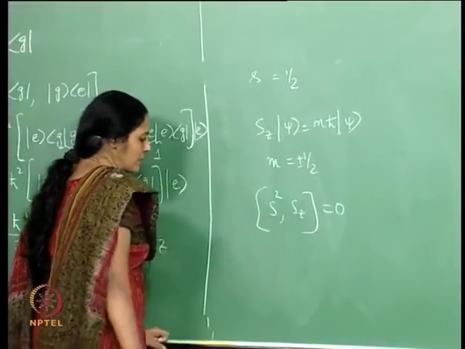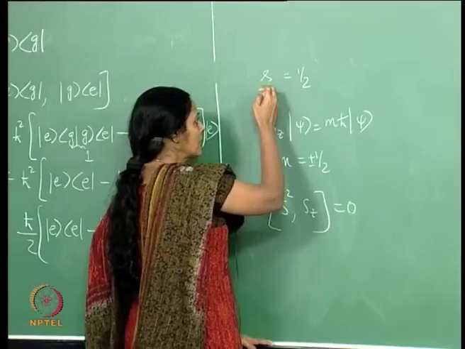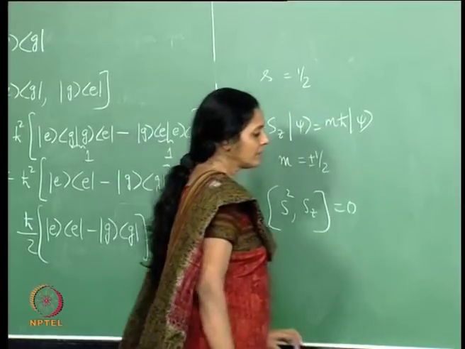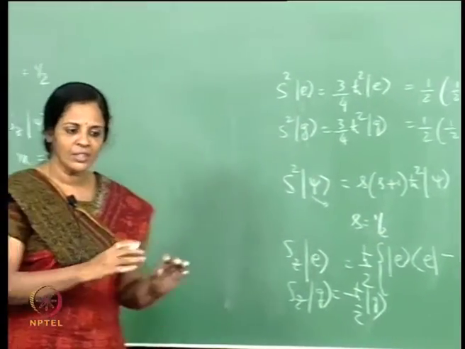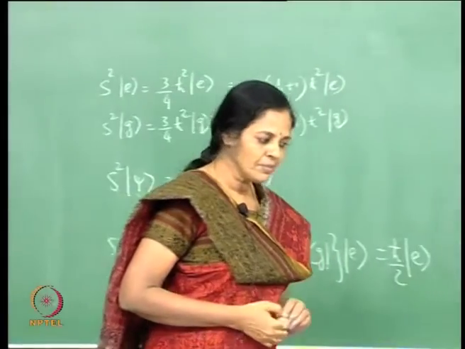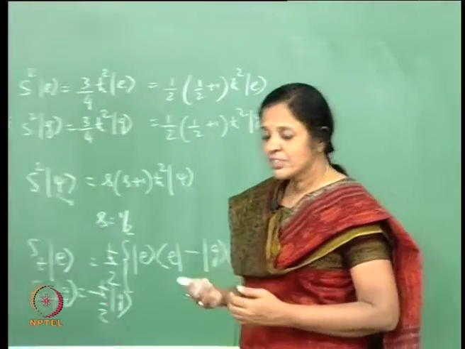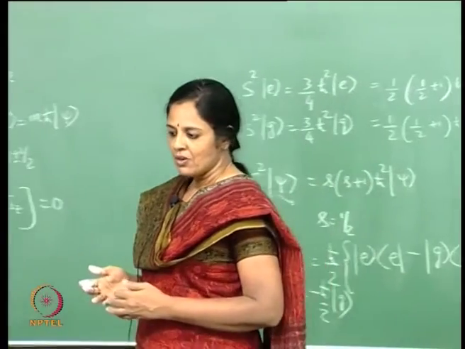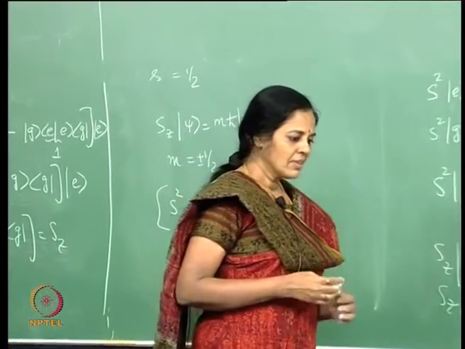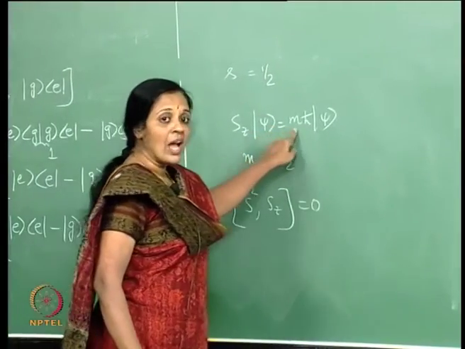What do we see from this? If a measurement is made to find out the value of little s and little m, that means the eigenvalues of S squared and Sz, if a clever experiment is made on the state of the atomic system to find out these eigenvalues, then after the simultaneous measurement of S squared and Sz, we will get the values of little s and little m accurately.